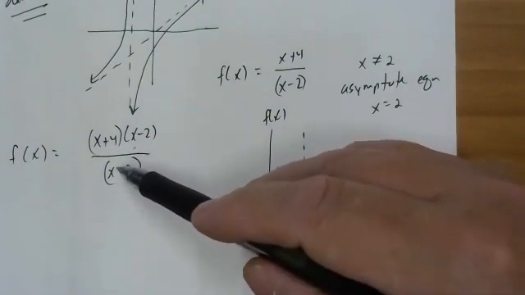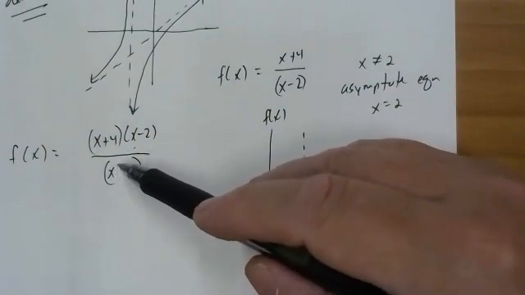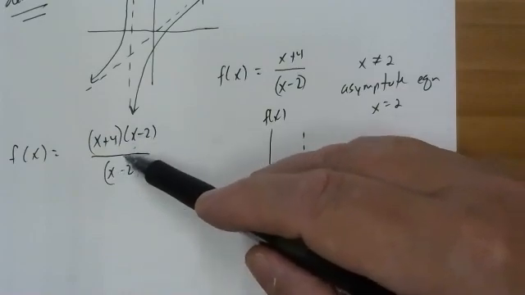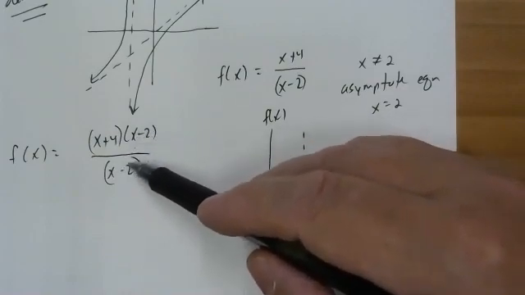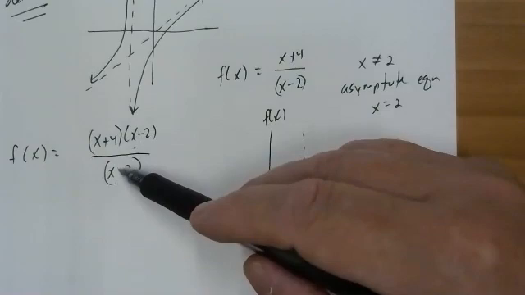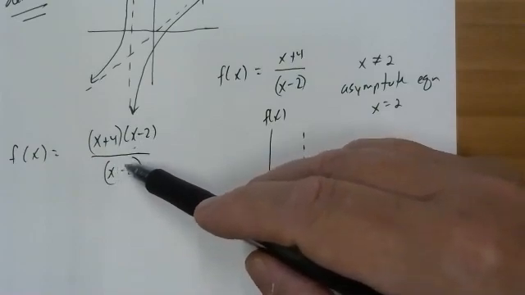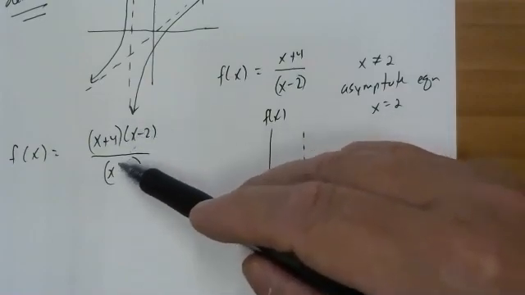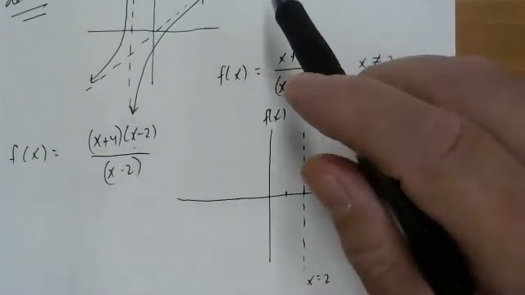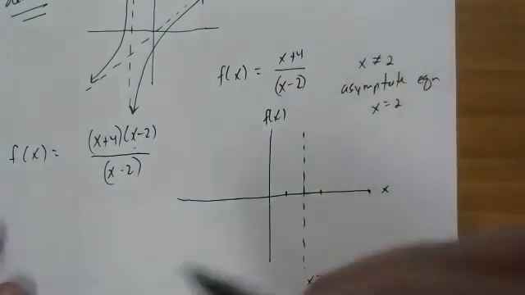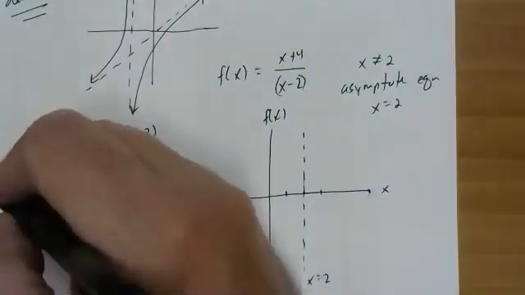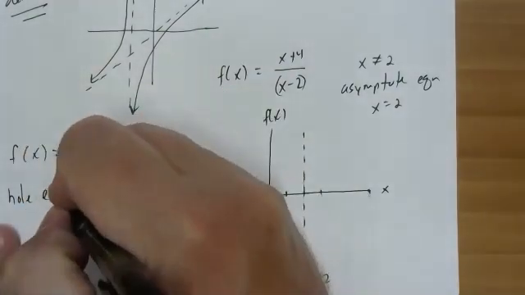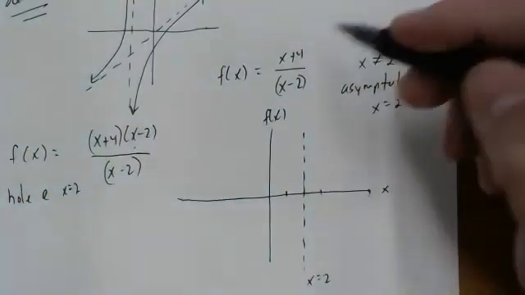The one time where it's not true are those special cases where they have the same factor in the top and the bottom. In other words, I was looking at this to figure out my vertical asymptote, but I've got the same thing in the top. If this happens, then this cancels out the vertical asymptote. If you remember in algebra, instead of a vertical asymptote, you have a hole at x equals 2.